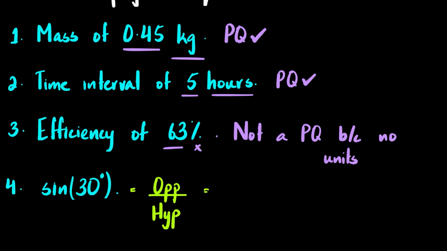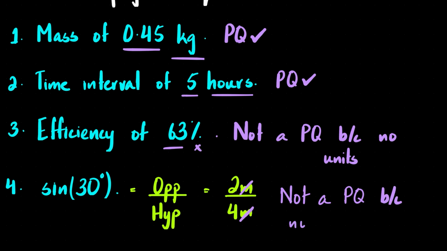Now, let's say this value was like 2 meters and this value was like 4 meters. Just as we can cancel the numbers out, here the units would also get cancelled out. So we can see that the final thing does not have any units. So this would also not be a physical quantity because it has no units.